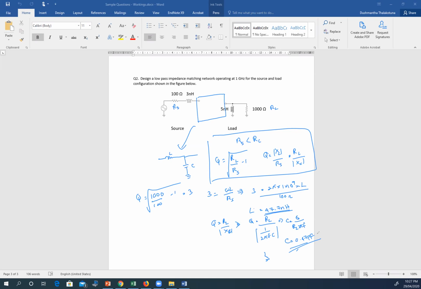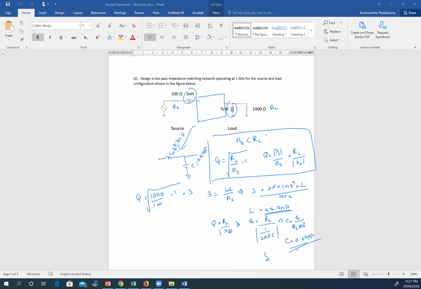Now what happens here is that you have an inductance of 47.7 nanohenry, and about 0.47 picofarad. When you do this L network matching, you assume the impedances are all real. But in this case, you have a series inductance and a parallel inductance.